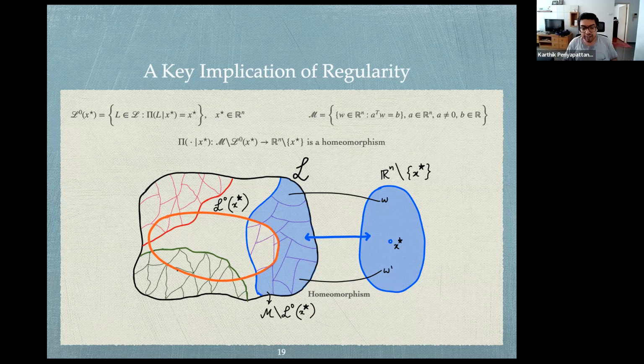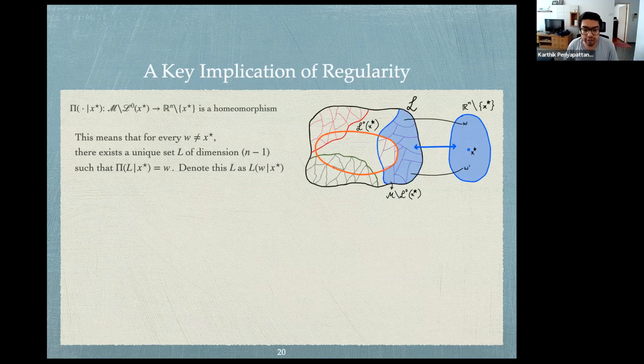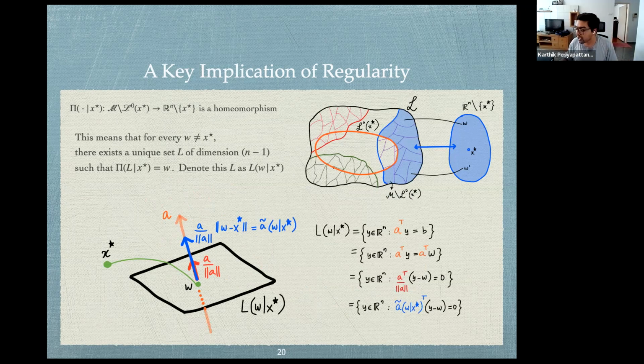So one very nice implication of this homeomorphism result is that if you take any vector W which is not X star, there is a unique L, which is an n-1 dimensional set now. Of course, the projection onto L is not X star. The projection of X star onto L is something else.